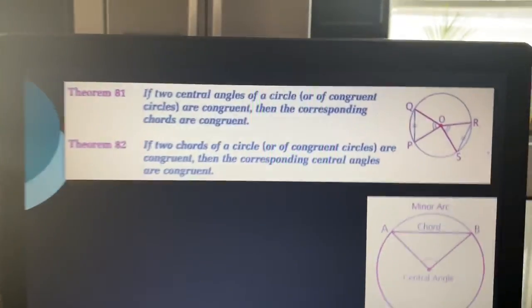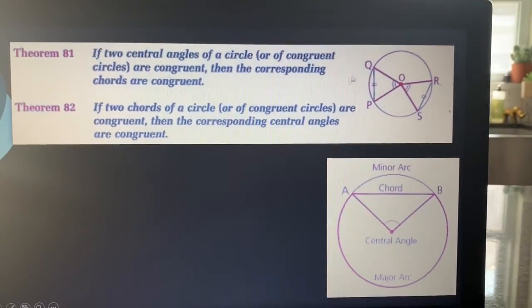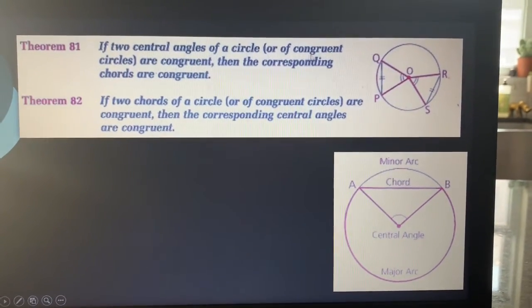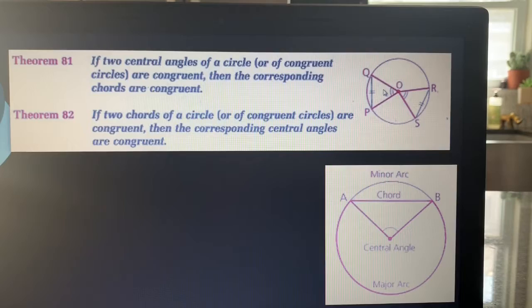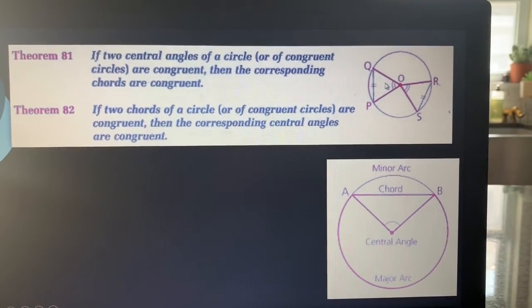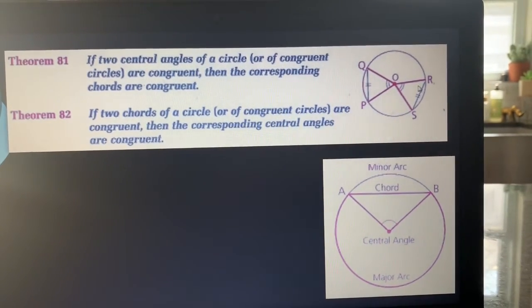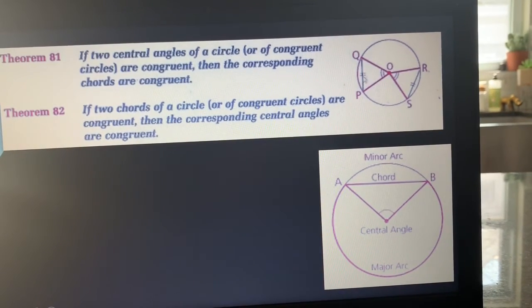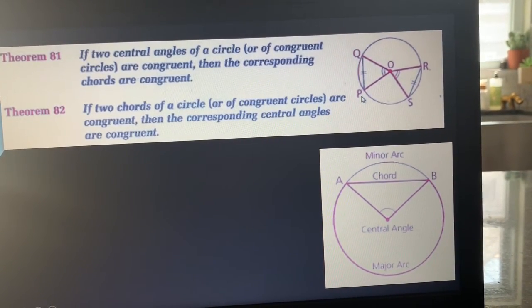There are also find problems. Let me give you the rest of the theorems before I show you a find problem. These two theorems are related, they go together. If two central angles of a circle are congruent, then the corresponding chords are congruent. Remember, a chord is just a segment that intersects a circle at two points.